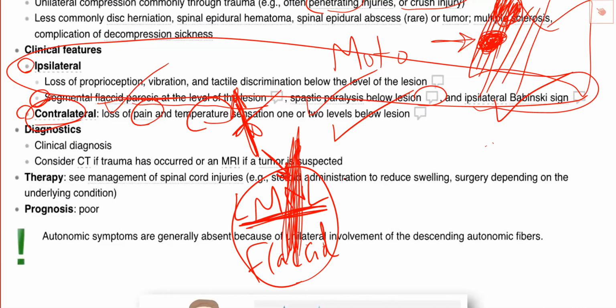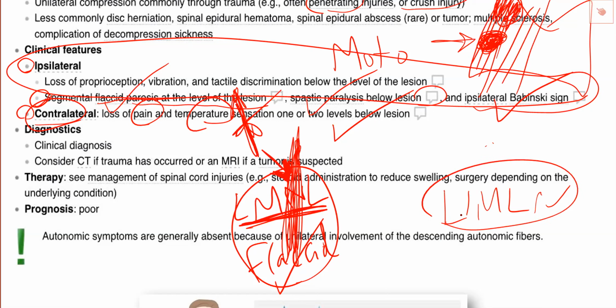But below the lesion, this is an upper motor neuron lesion, so it is a spastic paralysis because of the absence of the inhibitory moderation of these fibers.